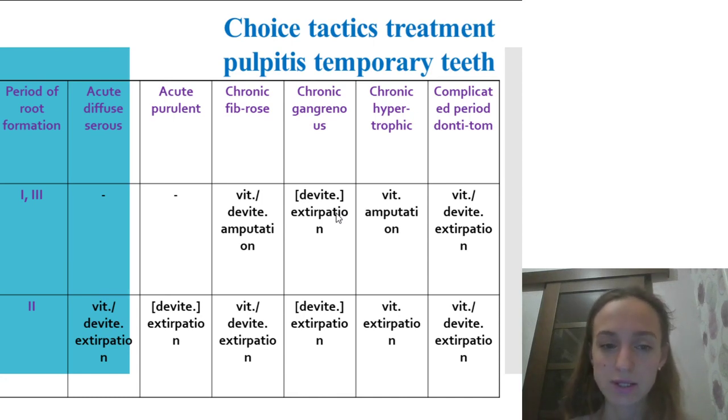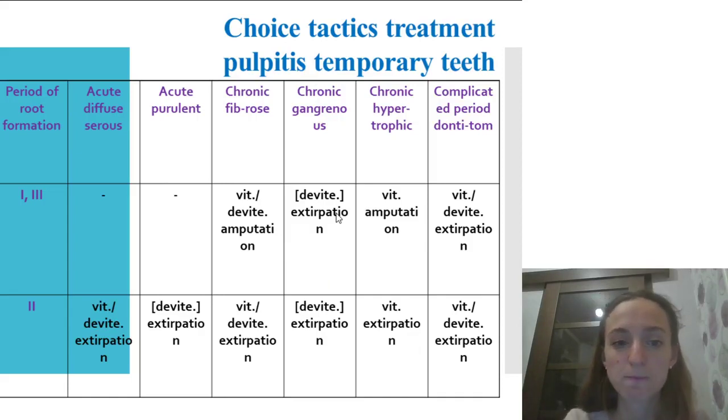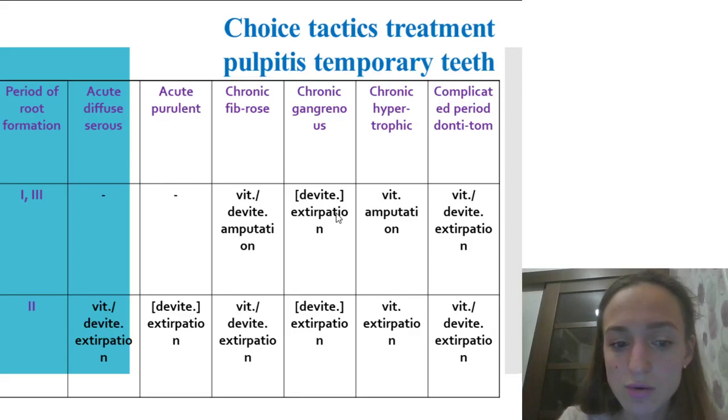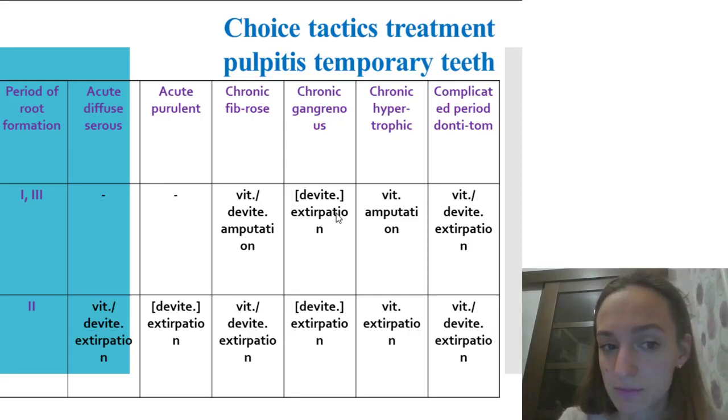You should know the diagnosis and then the type of treatment. For example, acute diffuse pulpitis, you can use vital or devital extirpation. Then, for example, chronic hypertrophic pulpitis, you can use vital amputation or vital extirpation.